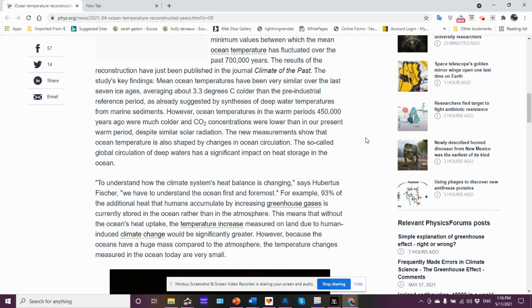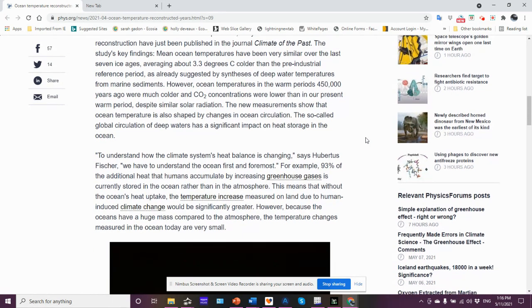The new measurements show that ocean temperature is also shaped by changes in ocean circulation. Let me repeat that again. The new measurements show that ocean temperature is also shaped by changes in ocean circulation.